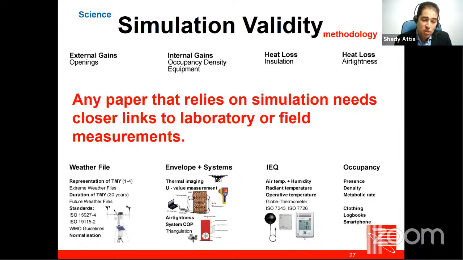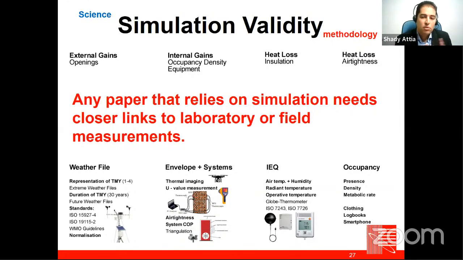In this sense, for example, if you are investigating external gains, internal gains, heat losses, and so on, you need to check for every physical phenomenon, what could be my verification or experimental way to bring more evidence and to calibrate or to make sure that my simulation makes sense and is close to reality.